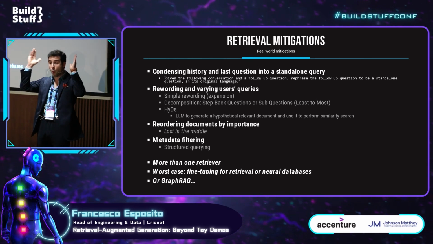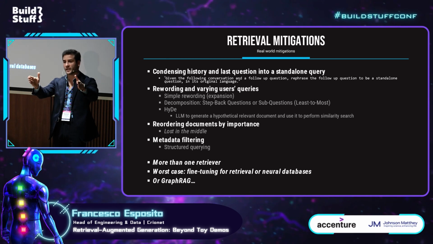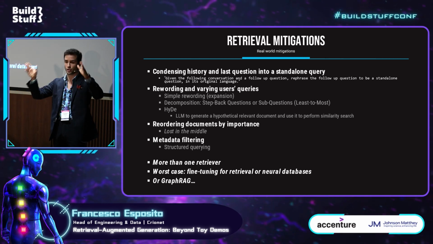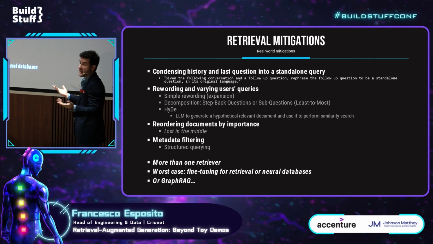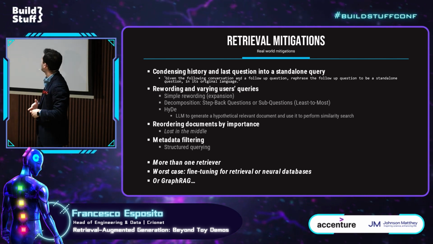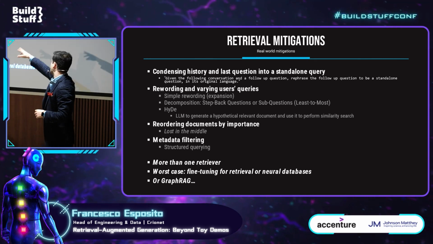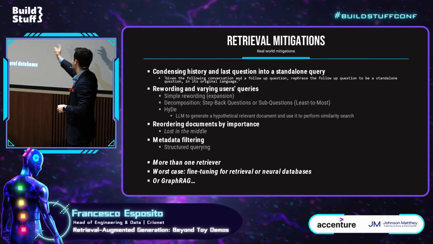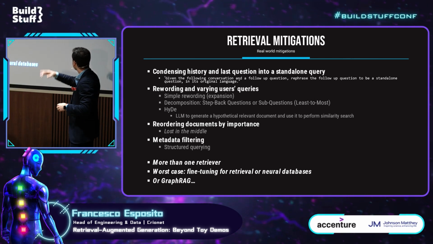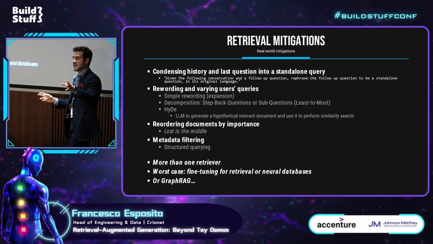Unless you have just one single query with no more interaction. So the user just queries for something and then it can't do anything else. In that case, no need for this, of course. And the prompt to do that would look something like: given the following conversation and a follow-up question, just rephrase the follow-up question to be just one standalone question.